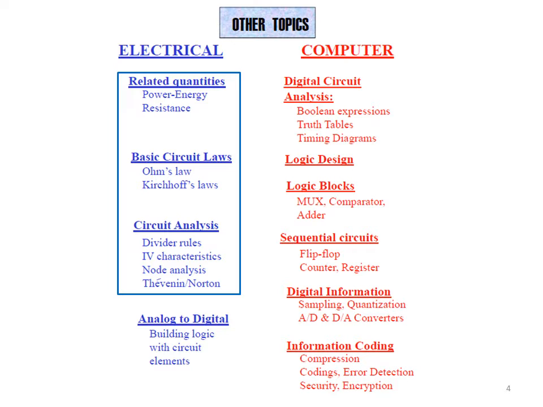We also learn about some basic circuit laws such as Ohm's law, which you already know, and Kirchhoff's laws, and some methods used to analyze circuits, such as IV characteristics, nodal analysis, and Thevenin and Norton equivalent circuits.